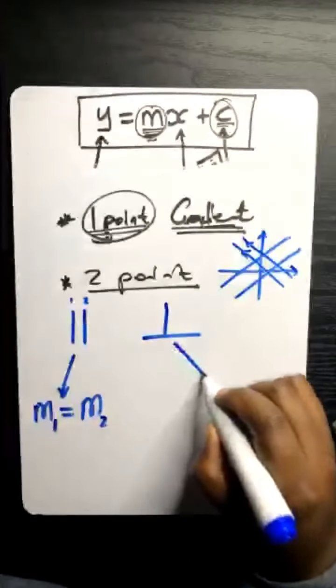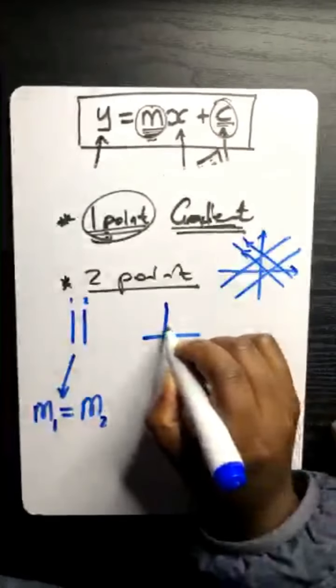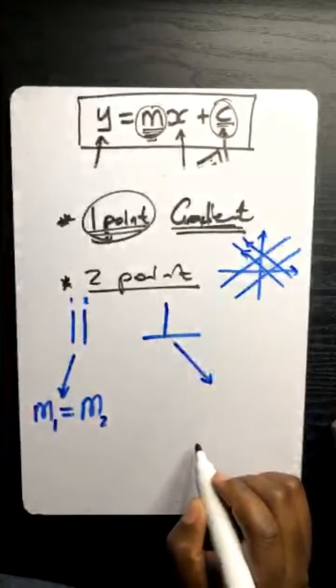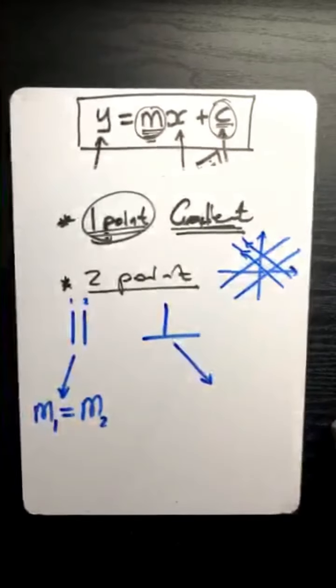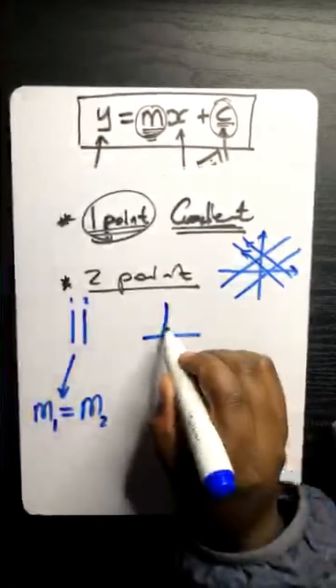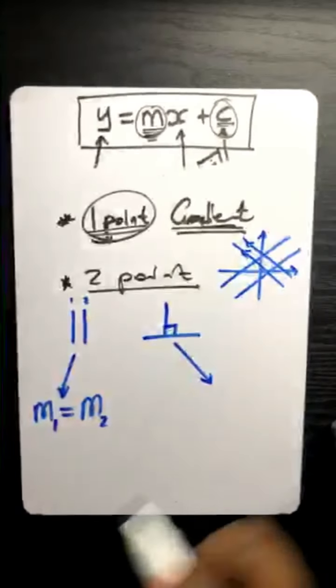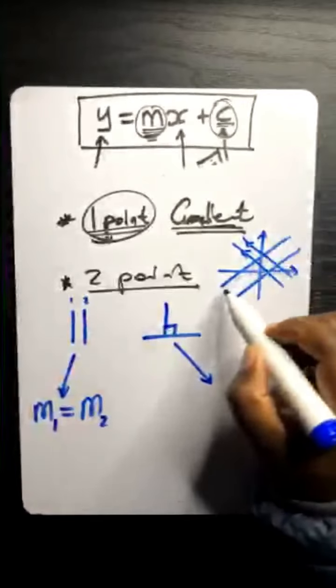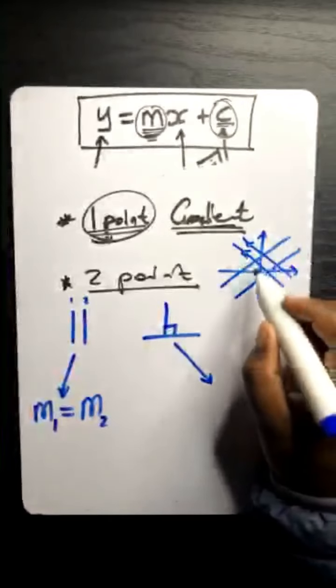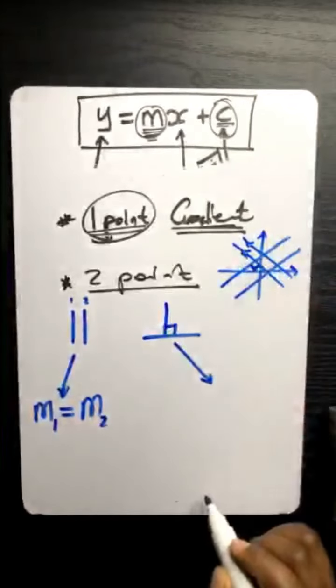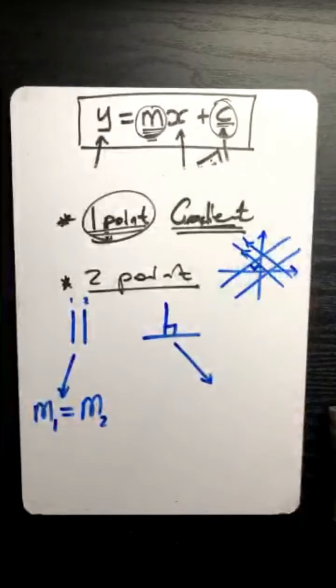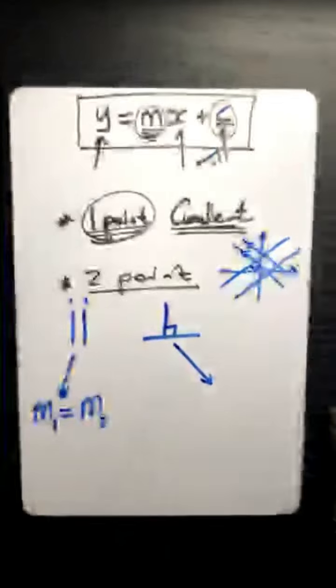When it comes to lines which are perpendicular to each other, what makes them perpendicular is them forming a 90-degree angle, which means, for example, this line and that line could be perpendicular in the sense that they form a 90-degree angle over there. How do you know if lines form a 90-degree angle?